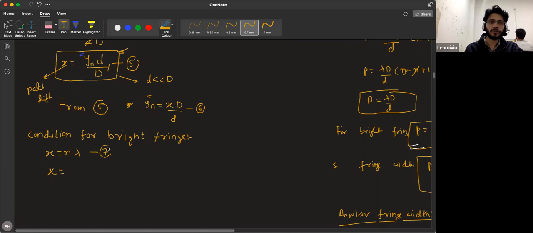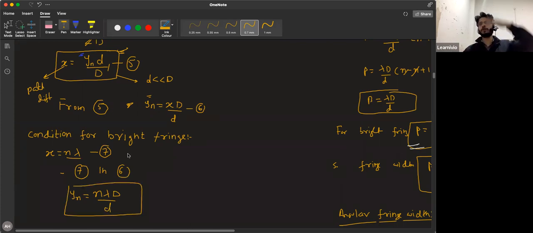Let's call this equation number 7. If I substitute 7 in 6, you will get that yn is n lambda, instead of this x I'm writing n lambda, capital D divided by small d. So this is the value of yn.